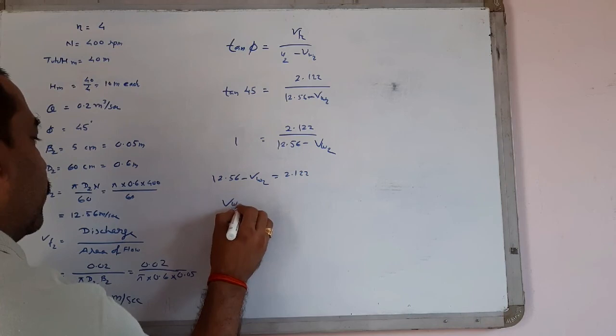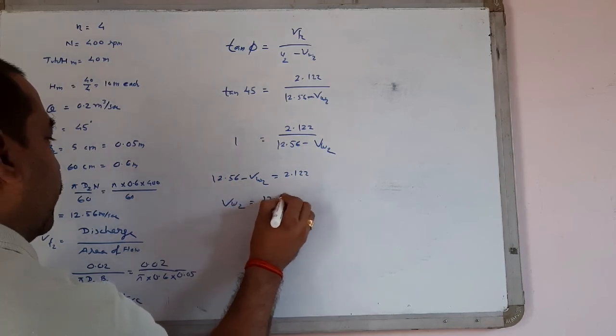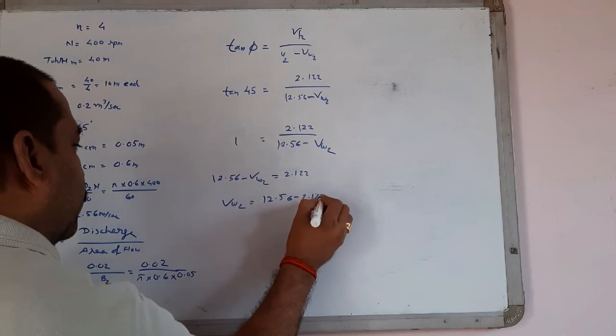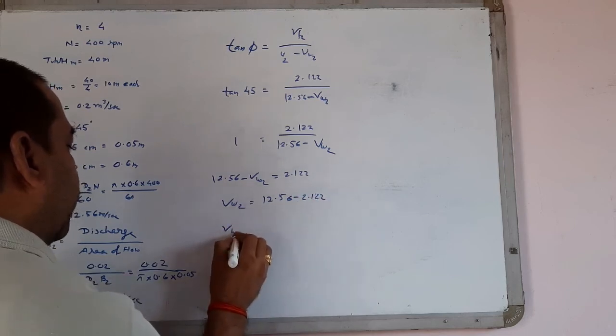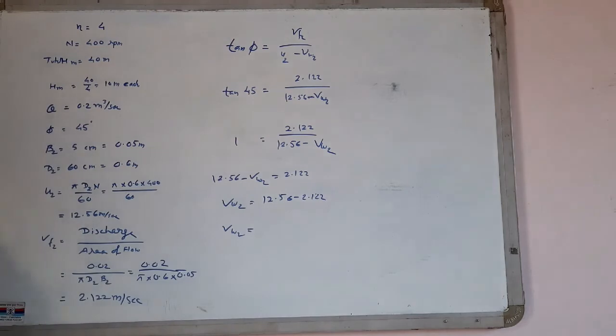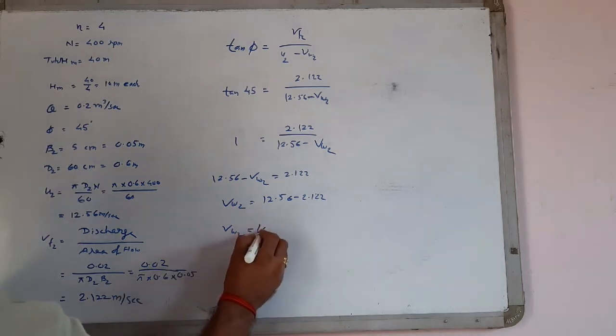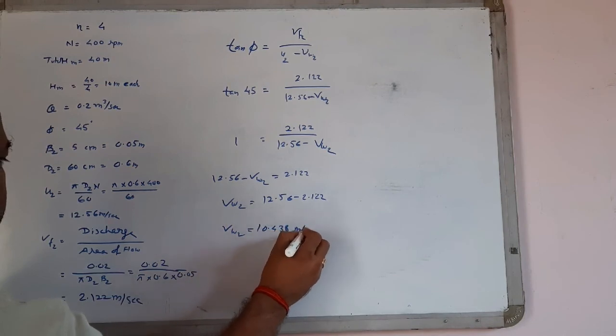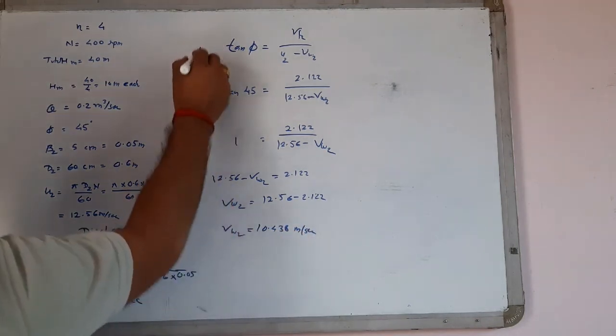So VW2 equal to 12.56 minus 2.122. So the value of VW2 comes to 10.438 meter per second.